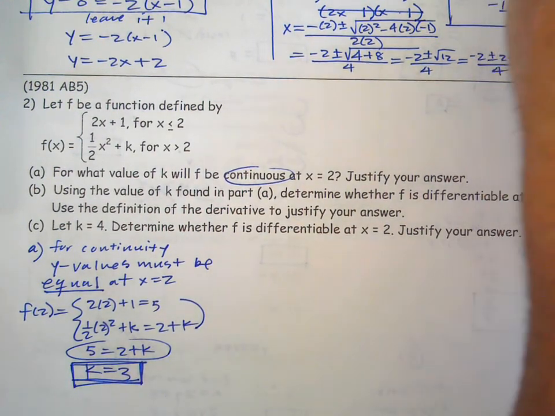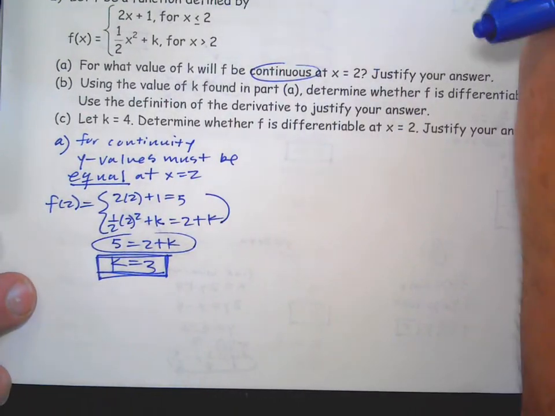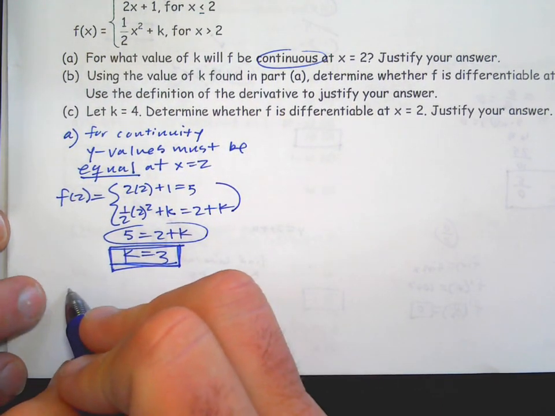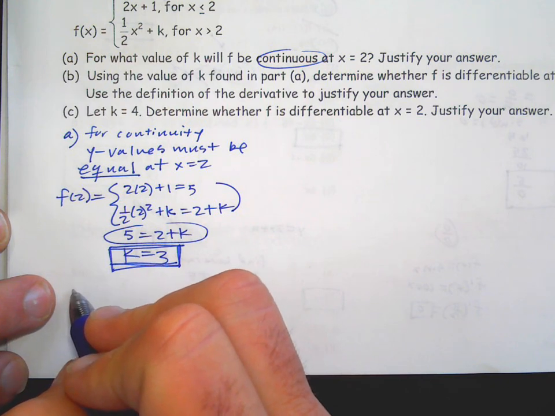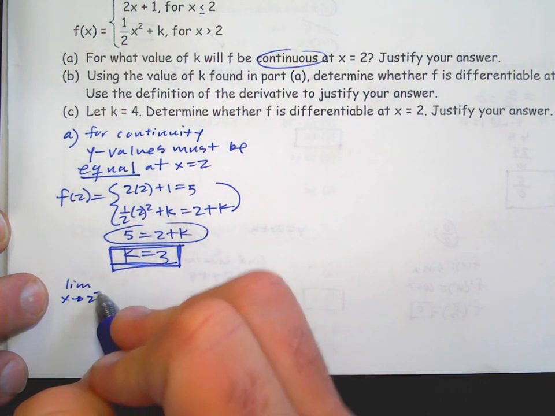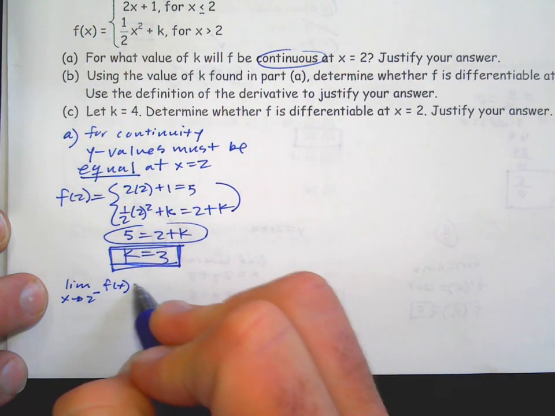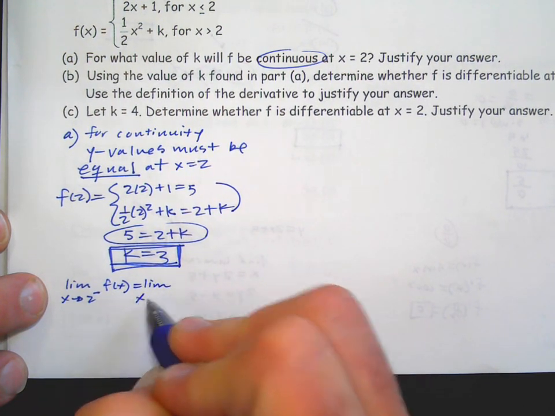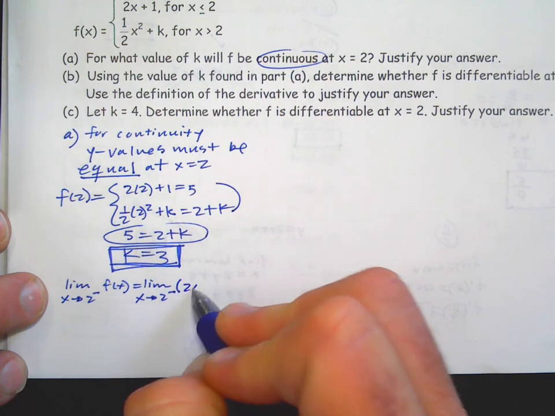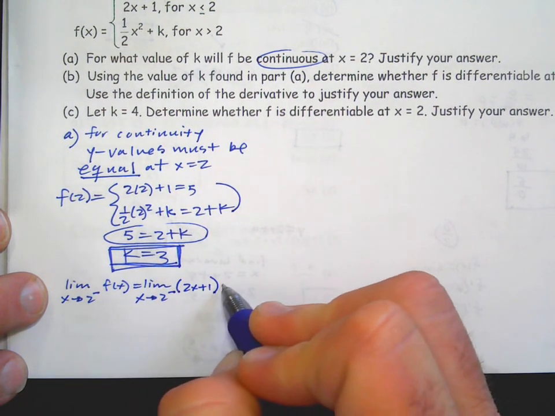Now, a more technical approach, which you should use on the free response, is to say the limit as x approaches 2 from the left of f of x equals the limit as x approaches 2 from the left of 2x plus 1, which gives you 5.